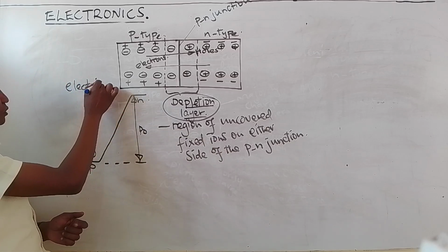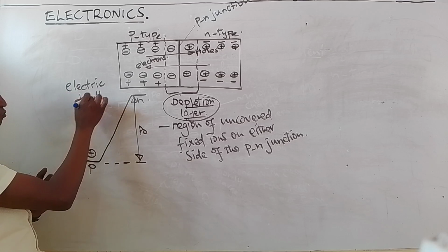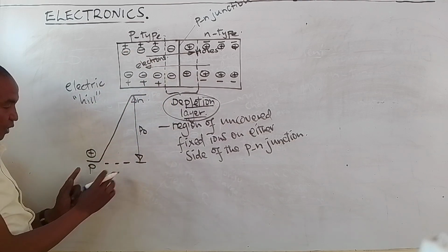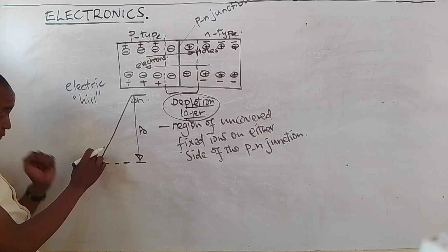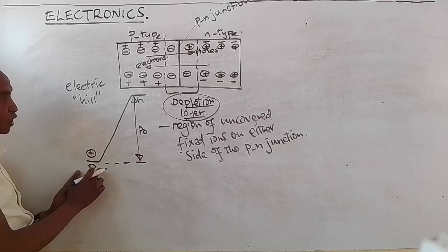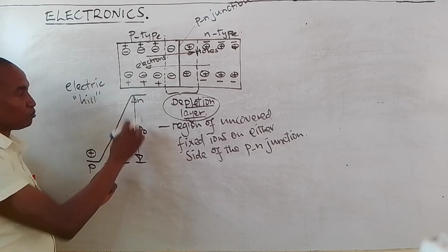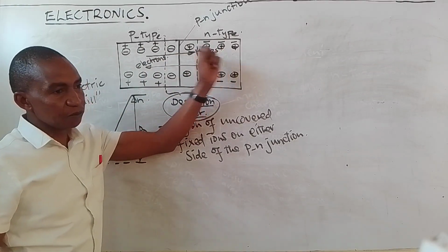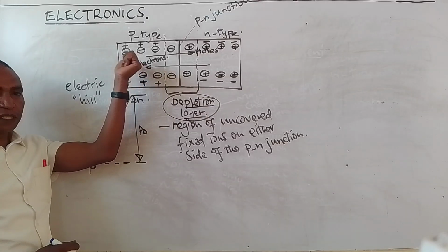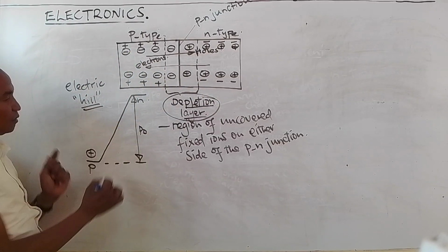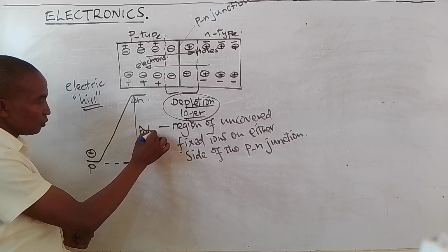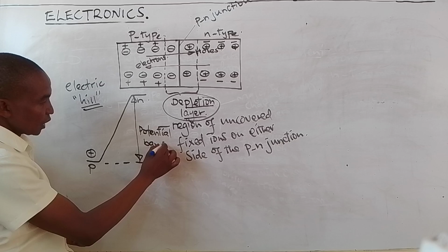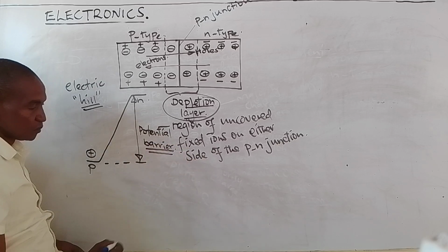That depression layer creates a sort of an electric field, preventing holes from moving from the p-type region to the n-type region, as well as electrons from diffusing from the n-type region to the p-type region. So that hill creates a potential barrier between the p-type and the n-type region.